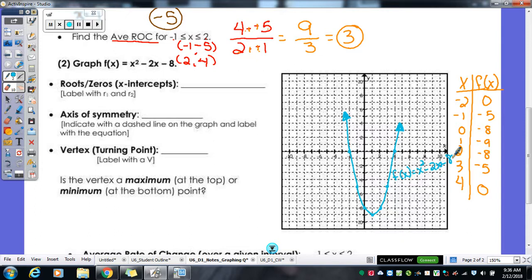They did not give you a domain this time, so you need to have arrows on your graph, and then you've got to label it. You will lose points if you don't have arrows when you need them. We're going to go through that in a second.